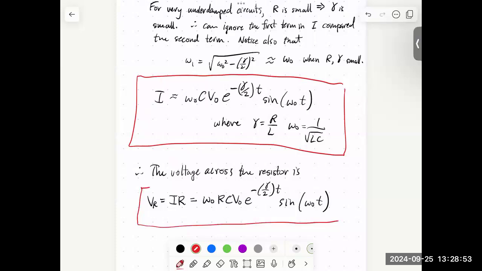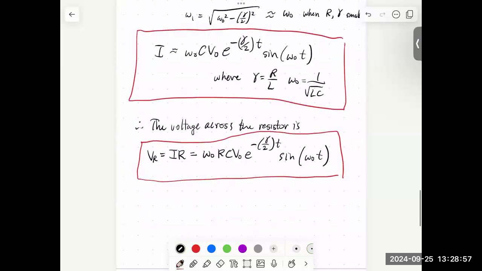And this is what you're going to measure in the first part of lab 4. Lab number 4, day 1.